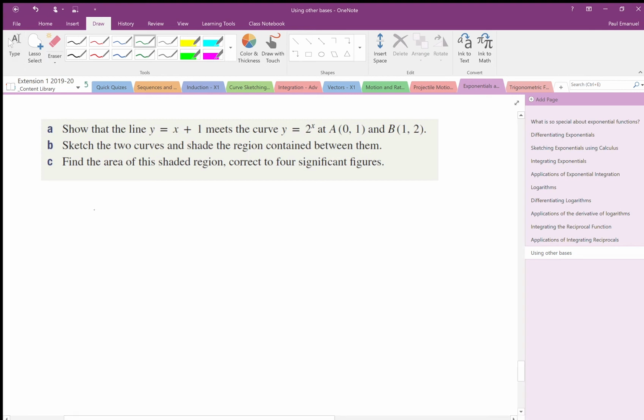Okay, so for part A, x plus 1 is 2 to the x. 0 equals 2 to the x minus x minus 1. I'm just going to sub in the points and show that they work.